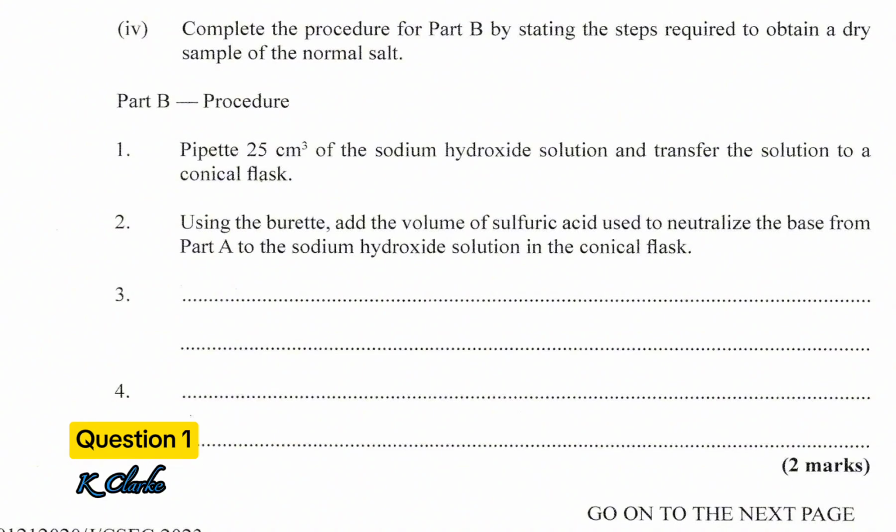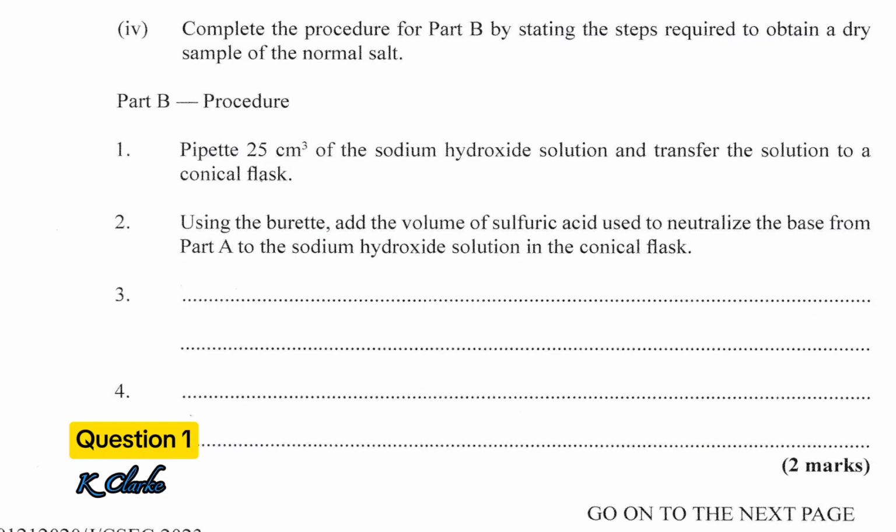Pipette 25 cm cube of the sodium hydroxide solution and transfer the solution to a conical flask. Step 2. Using the burette, add the volume of sulfuric acid used to neutralize the base from Part A to the sodium hydroxide solution in the conical flask.